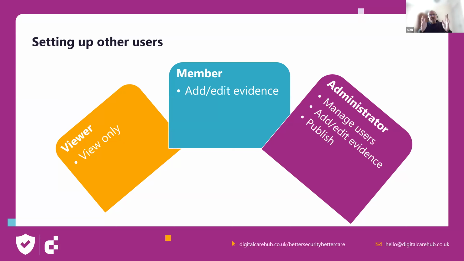But it's possible to add other members to the toolkit who would also be able to add or edit evidence, or you can set up someone as a viewer where they have access to see what's within the DSPT but not to change it or to publish it. So that can be useful where you have more than one person with particular expertise around data and cybersecurity, etc.